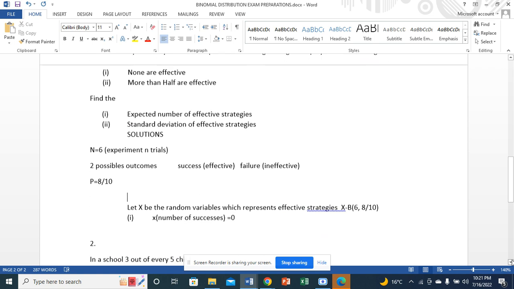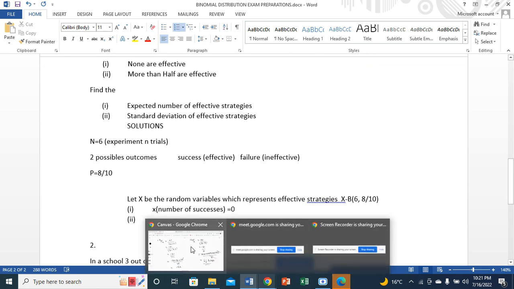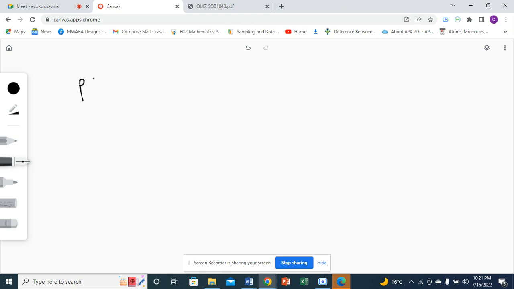Let me use the board for the formula. The probability that our random variable x, the effective strategies, is 0 equals nCx p to the power x, q to the power n minus x.